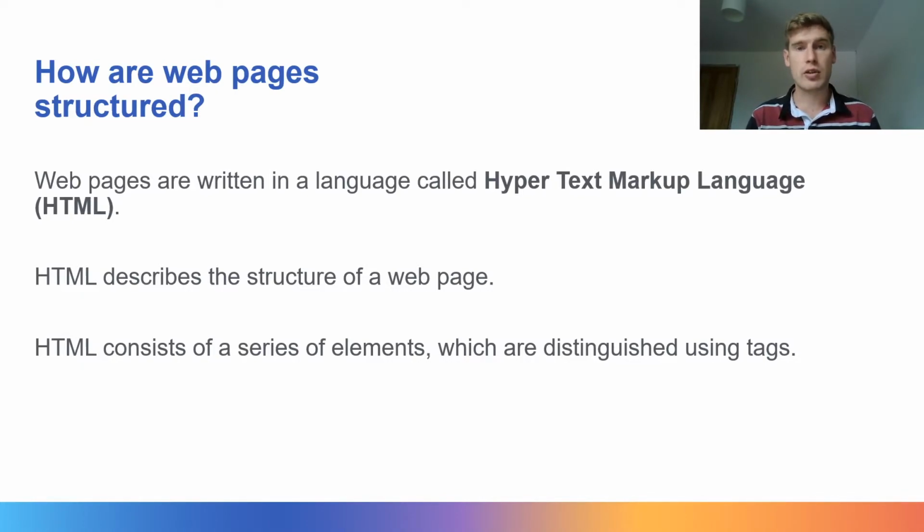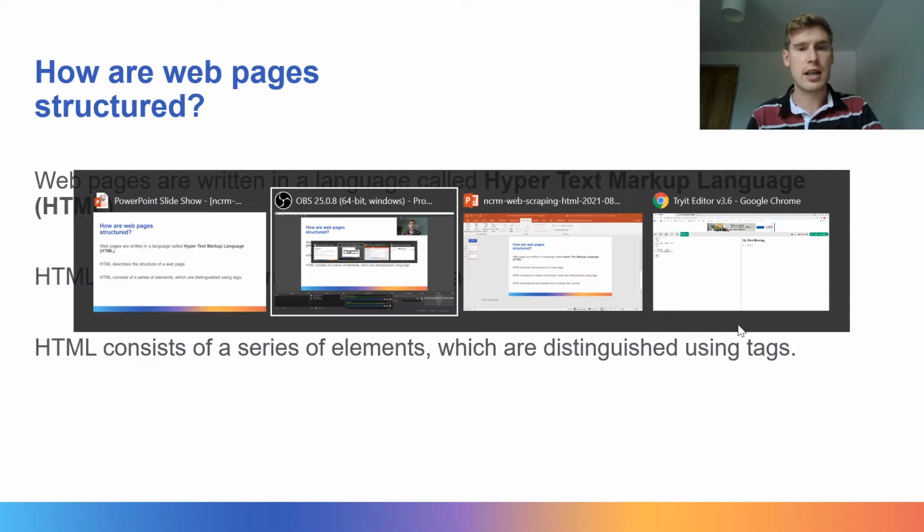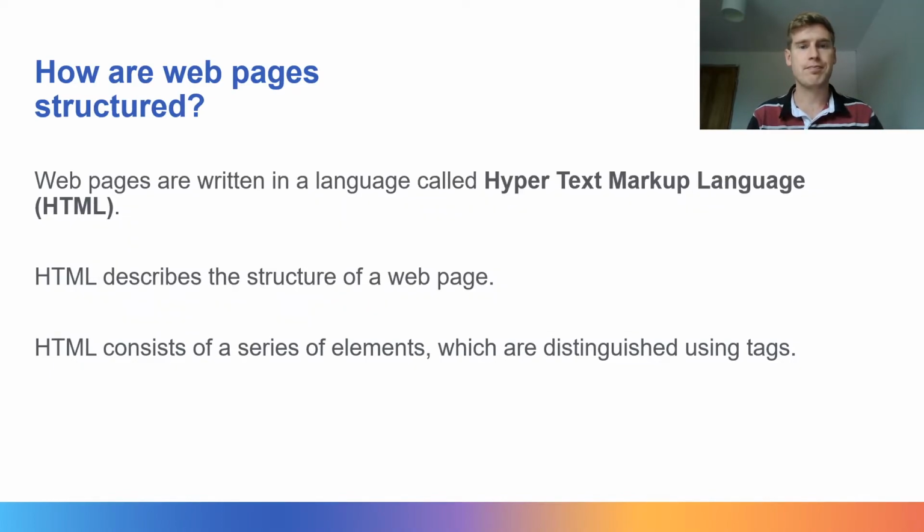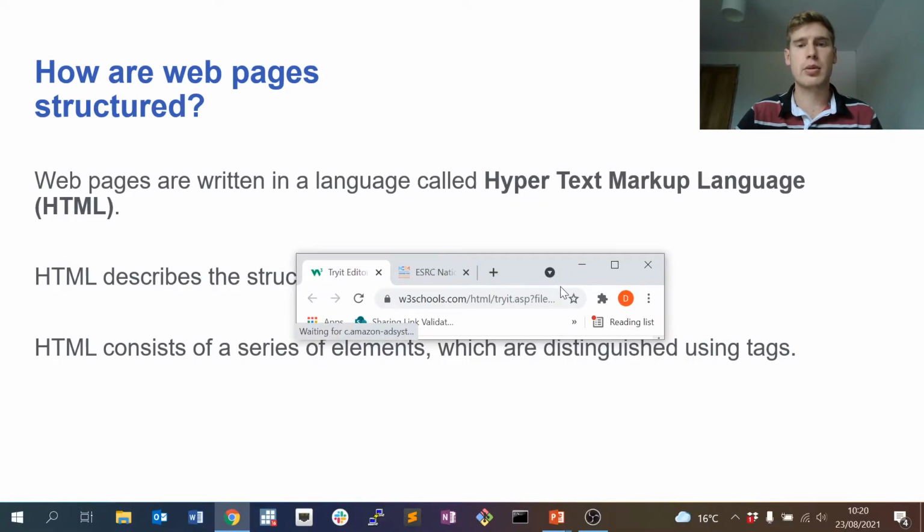If it's an unordered list element, so it's a list of bullet points, then that'll be identified by the UL tag. And it all seems a bit abstract, so what we'll do is very quickly look at some examples of very simple web pages so we can see how the structure works in practice. So let's look at an example here.